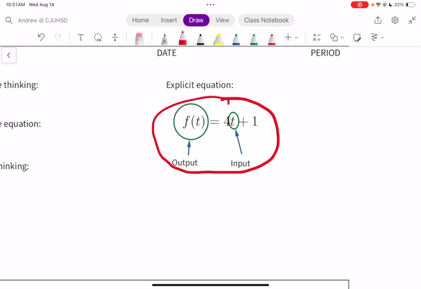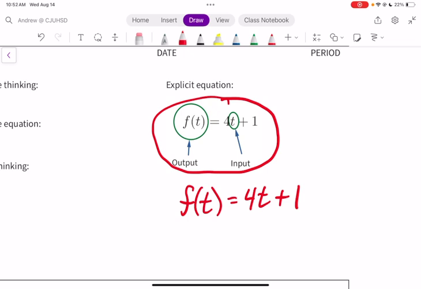It's a very lazy way to name something. So the first letter you see, f, that's the name of the function. Then here is the input value. We're going to input t into it. And then over here, this is the rule of what do you do to t? You multiply it by 4 and you add 1.